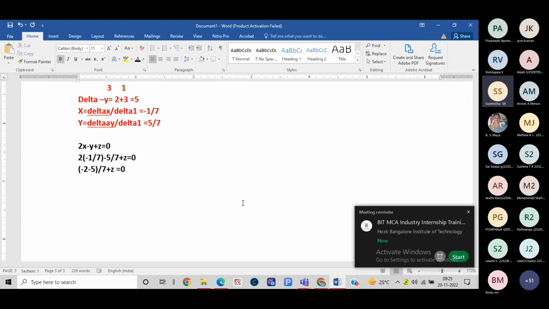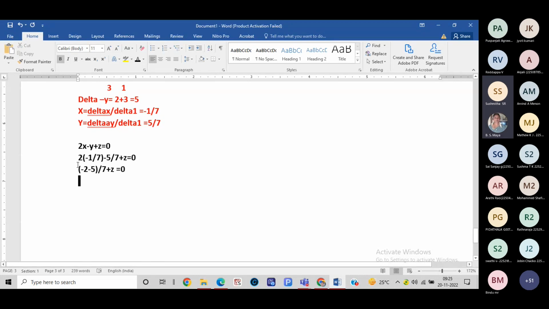You take the common factor for only those two terms, and keep plus z separately. This is minus 7 by 7 plus z is equal to 0.